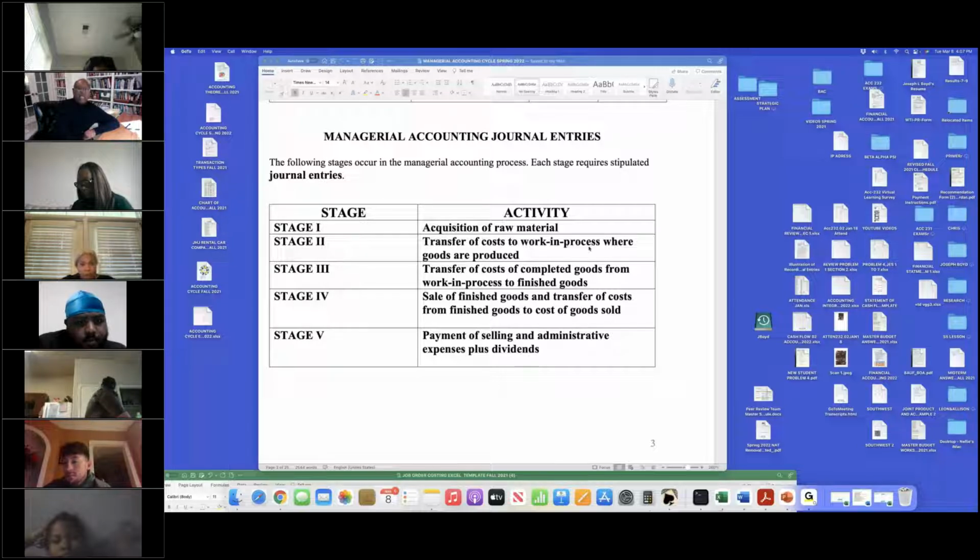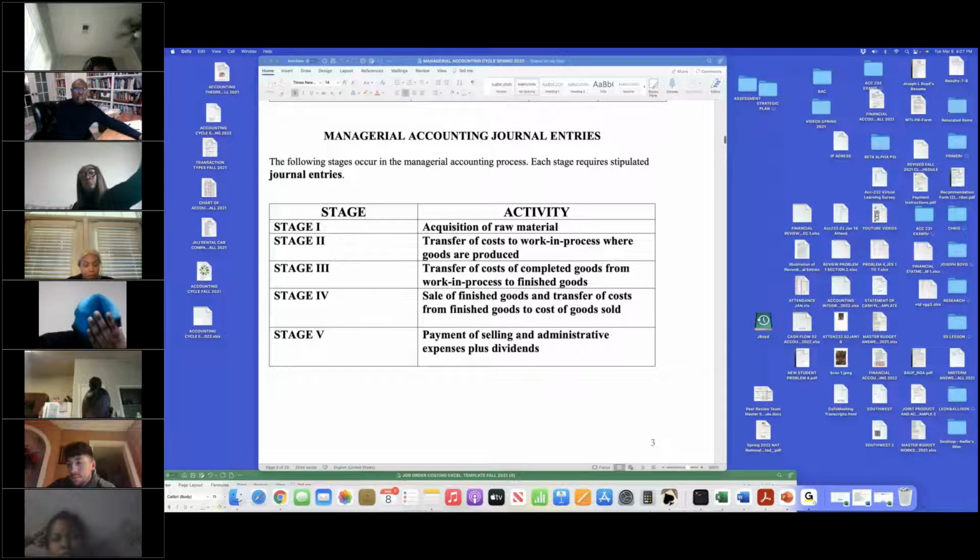That's stage two. There's a set of journal entries. Stage three, we transfer the cost of completed goods from work in process to finished goods. Stage four, sale of finished goods and transfer costs from finished goods to cost of goods sold. Stage five, payment of selling and administrative expenses and dividends, items that we did in financial accounting.